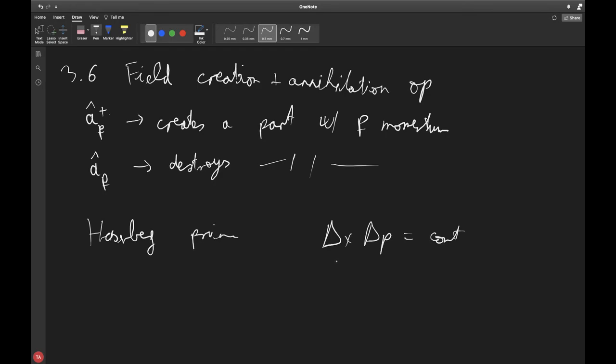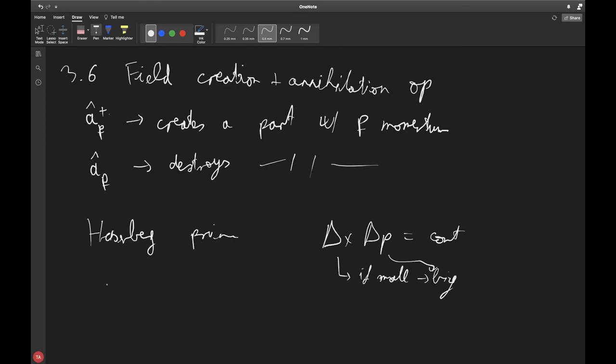So if this is a small number, if this is small, then this has to be big, or the other way around, because it has to be one constant number here.